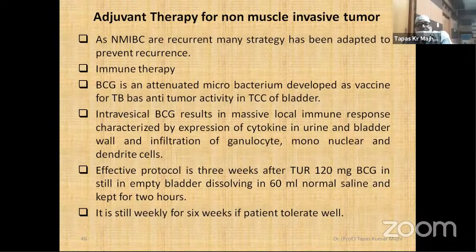The effective protocol is, after 3 weeks of TURBT, when the wound is healed and there is no active bleeding, 120 milligram BCG dissolved in 60 ml of normal saline is instilled into the empty bladder and kept for 2 hours. It is instilled weekly for 6 weeks if the patient can tolerate it. If the patient cannot tolerate it, the patient may develop toxicity to the BCG, or in severe cases frank tuberculosis.